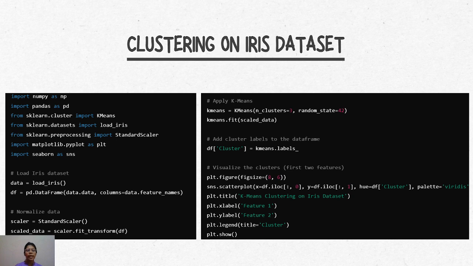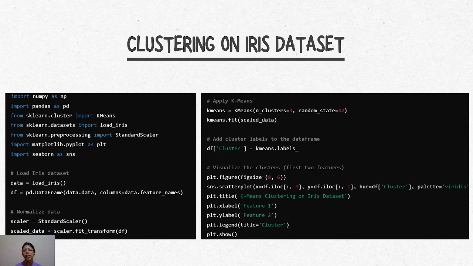First we load the iris data into the data variable. We have created a data frame out of it. Then we transform our data frame using the standard scaler's fit_transform function.